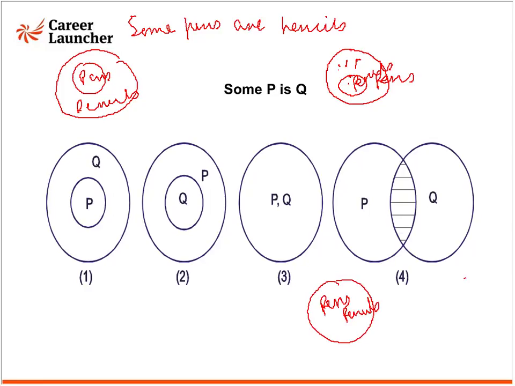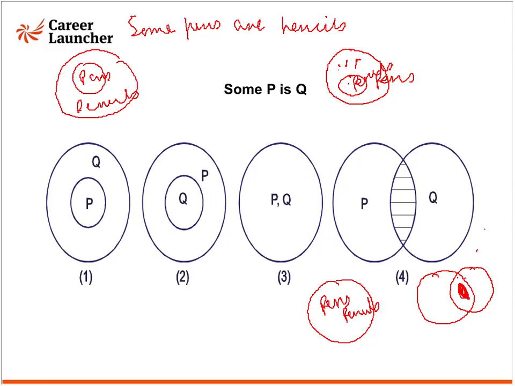This shall be your last case, wherein this common point of intersection shall be some P is Q. Okay.